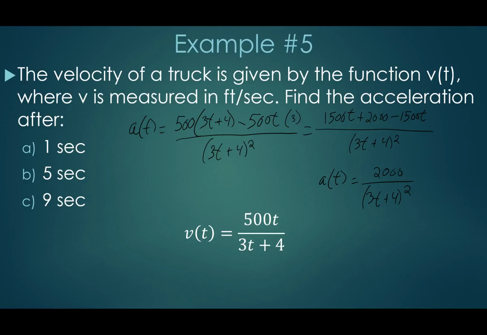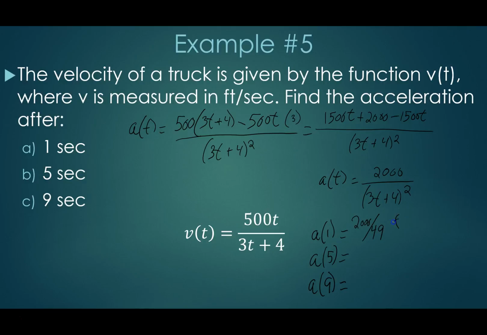So we had to find the acceleration function first to actually answer the question. I now want the acceleration after 1 second, 5 seconds, and 9 seconds. Well, I need to find a of 1, a of 5, and a of 9, which means I'm plugging 1 in for t, 5 in for t, and 9 in for t. So for this particular example, if you left it in fraction form, it would be 2000 over 49.